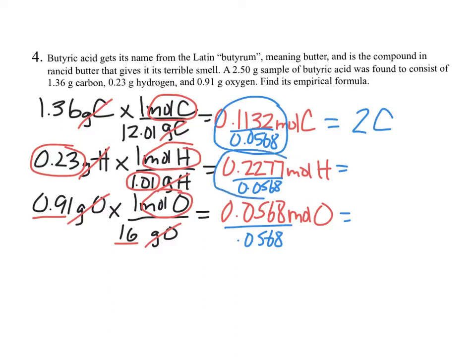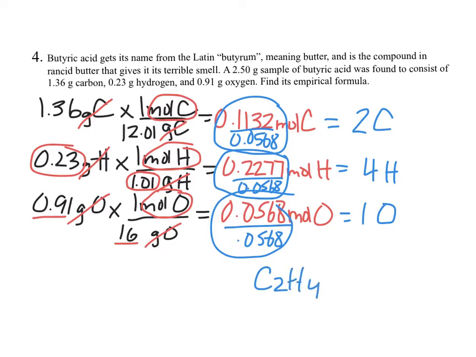If you divide these, this ends up being a number very close to 4. And if you divide these, they go in evenly to each other, so that's a 1. So that ends up being 2 carbon for every 4 hydrogen for every 1 oxygen, or C2H4O. That would be the empirical formula.